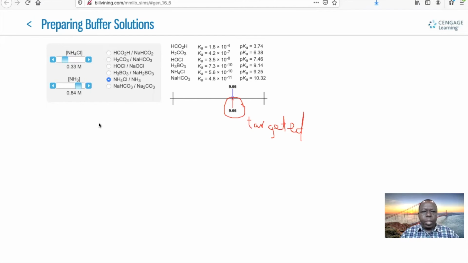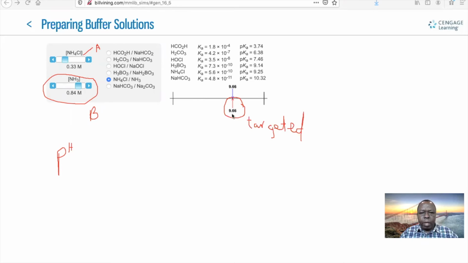So if I look at the acid, this will be the pH right here. This is the base, and this is the acid. So if I want to write the Henderson-Hasselbalch equation, remember the targeted pH here was 9.6.